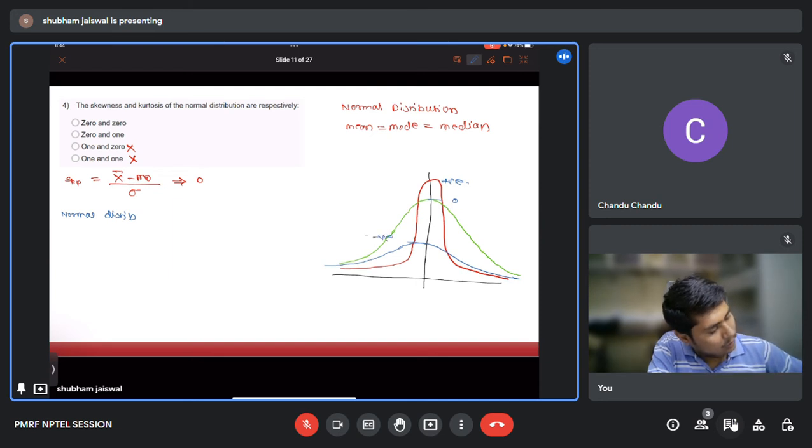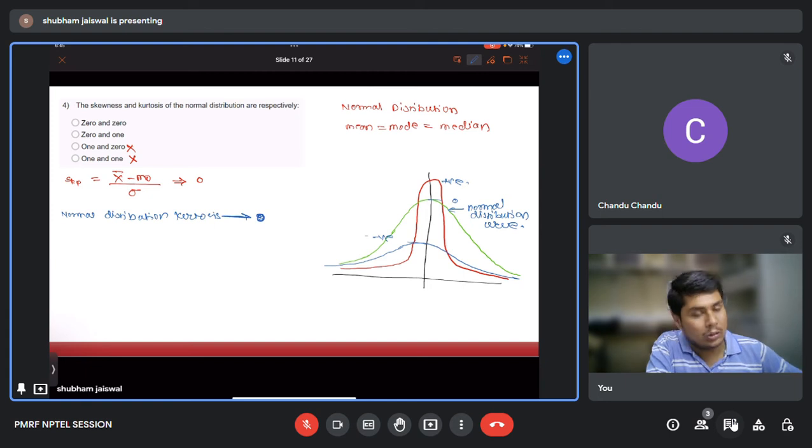So this is for the normal distribution curve. Okay, so this is about kurtosis.